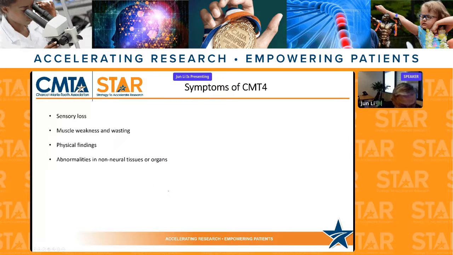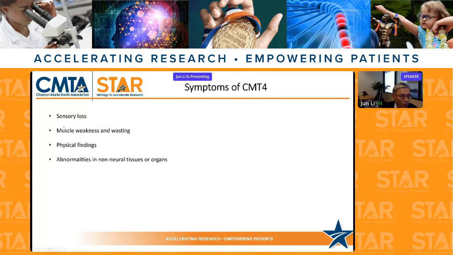Patients who have CMT type 4 typically have the following symptoms or physical findings. They could have a sensory loss in their feet, legs, hands, or arms. They could have pain, pins and needles, and other altered sensory symptoms.